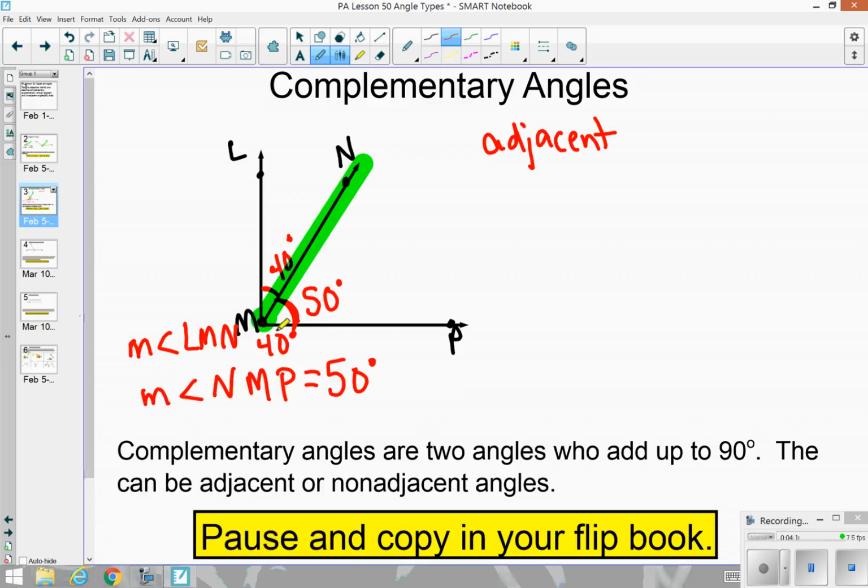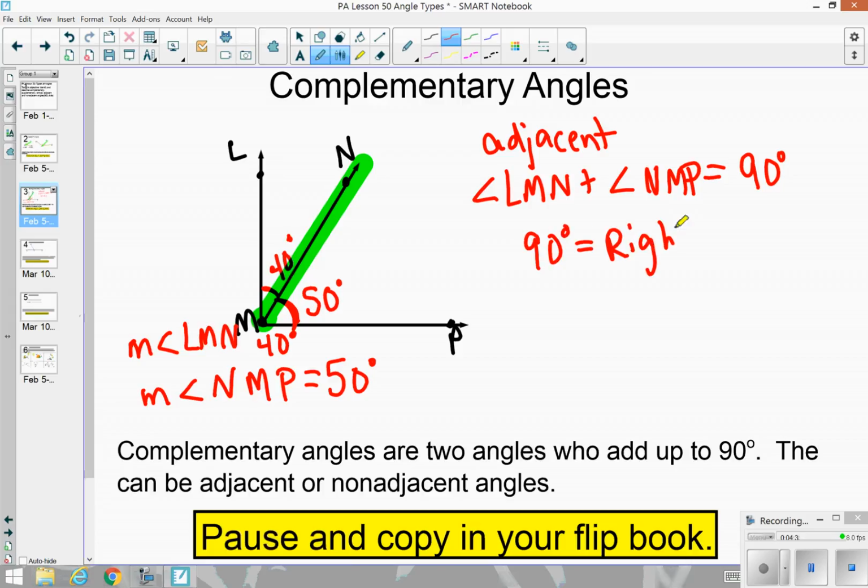And we can add them up: the angle LMN plus angle NMP. If we add those two angles up, that equals 90 degrees. And remember, a 90 degree angle is also what we call a right angle.